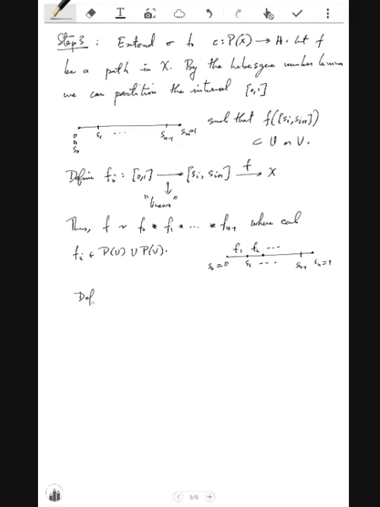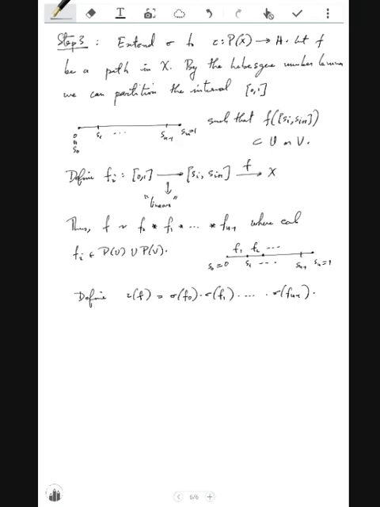So define tau of F to be equal to sigma of F0 dot sigma of F1 dot sigma of Fn minus 1.